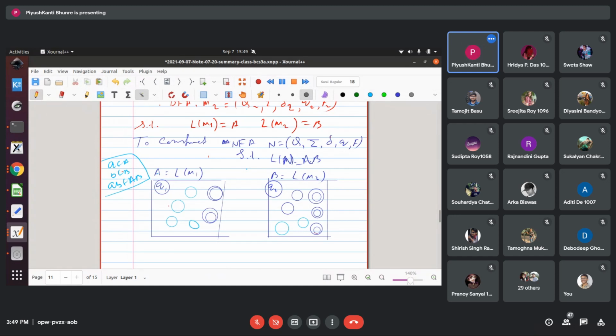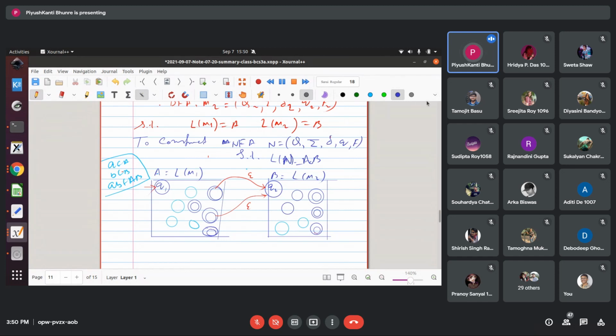I will make its start state, and for every final state of M1 I make an epsilon move to the starting state of M2. So I'll do that. If there are other final states over here, if I have more final states, I can also do the same thing.